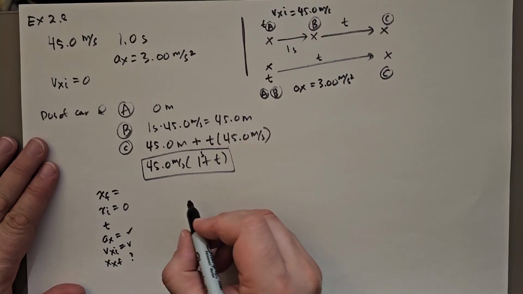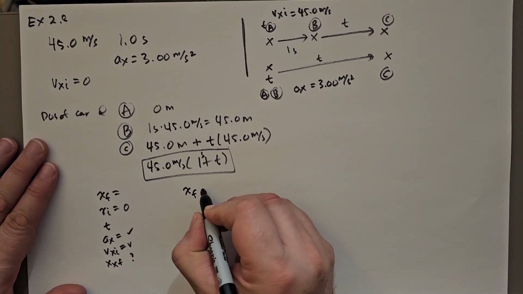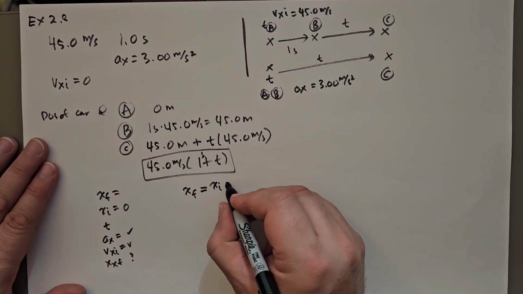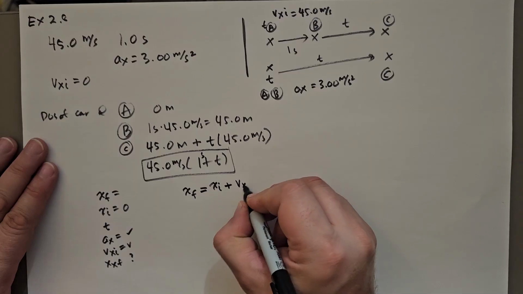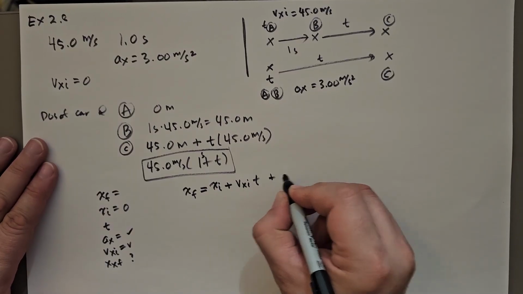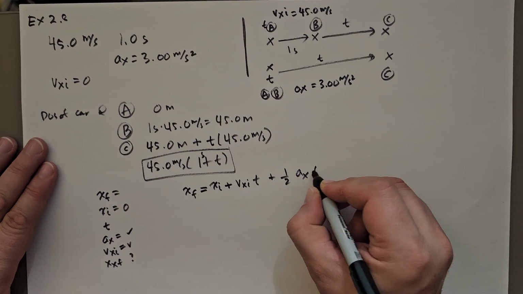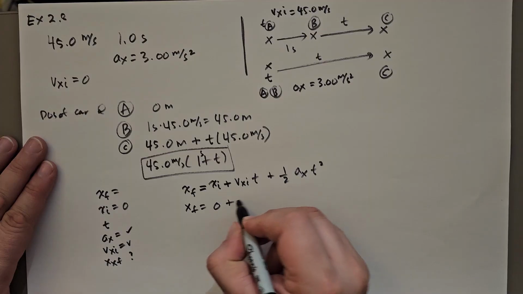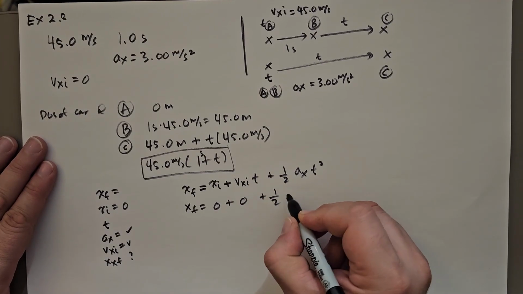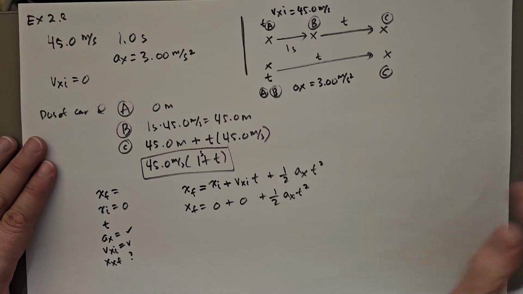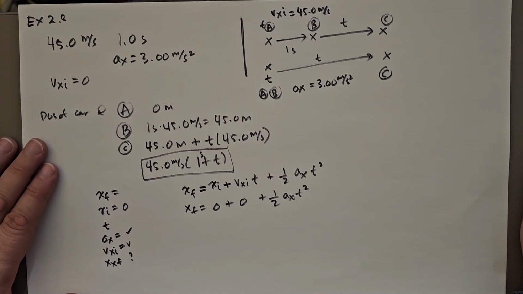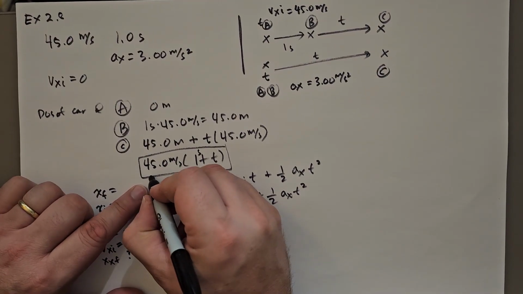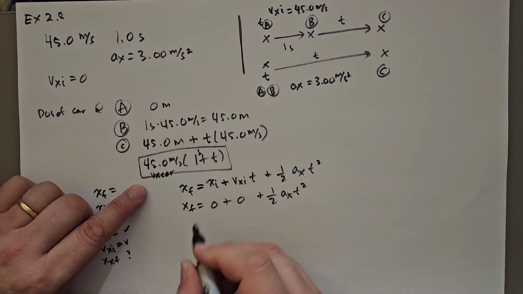So we say the final position, which is this, equals the initial position, which is 0, plus the initial velocity times the time taken, plus 1/2 the acceleration times time squared. Okay, so this is 0 plus 0 plus 1/2, and we know a sub x. We're looking to solve for t. Okay, so let's put this in, that's the final position. So I'm going to say this is the Vx car.